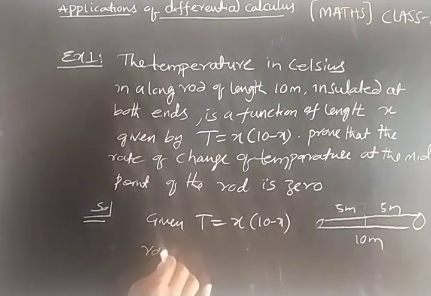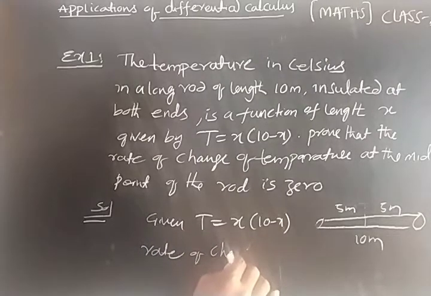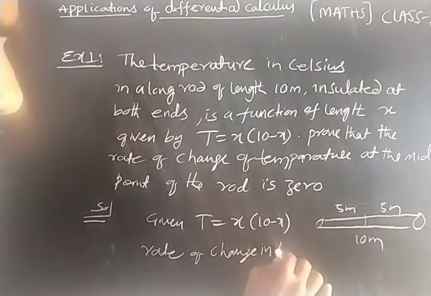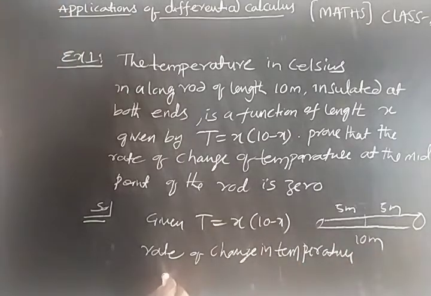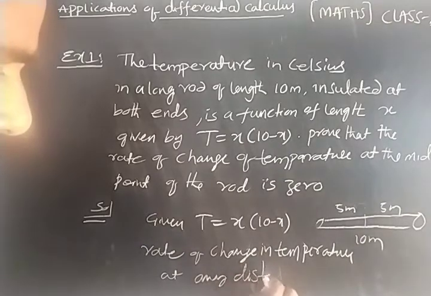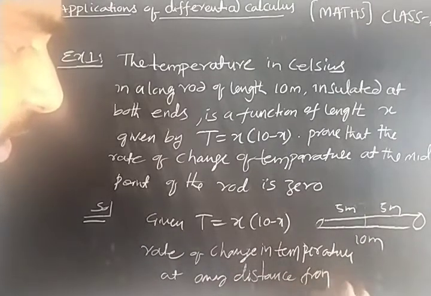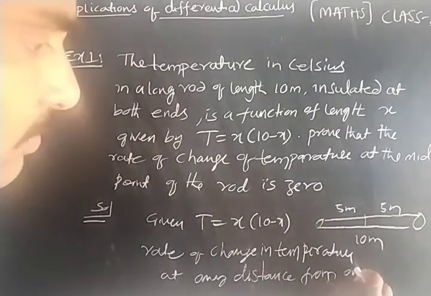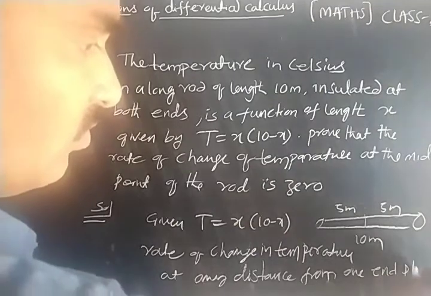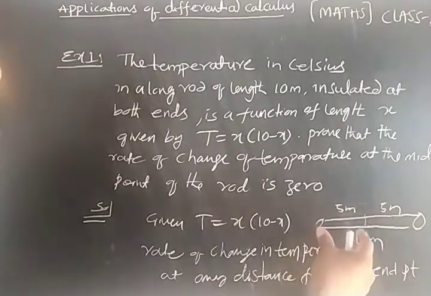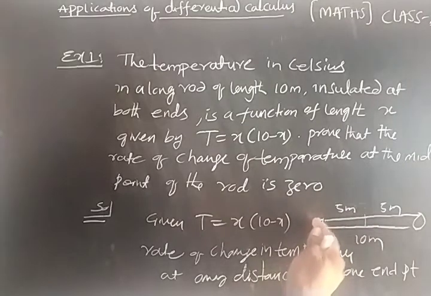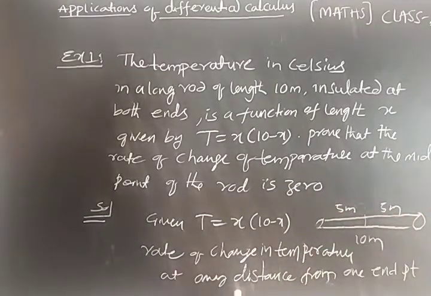The rate of change in temperature at any distance from one end point of the rod, either from this end or from that end, will be given by dT by dx.